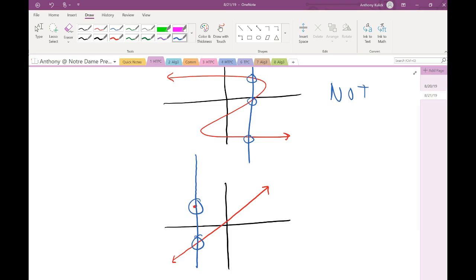So a line with an extra point on it will now fail to be a function. The line itself definitely was a function. But if we include one extra point somewhere on that line, or somewhere else not on the line, it's no longer a function. Does everybody feel pretty good about that idea? Okay.